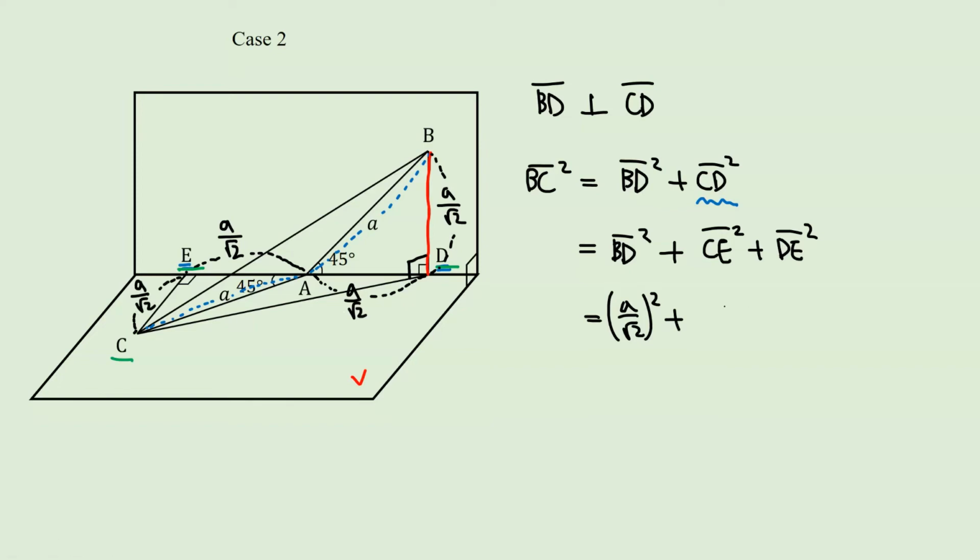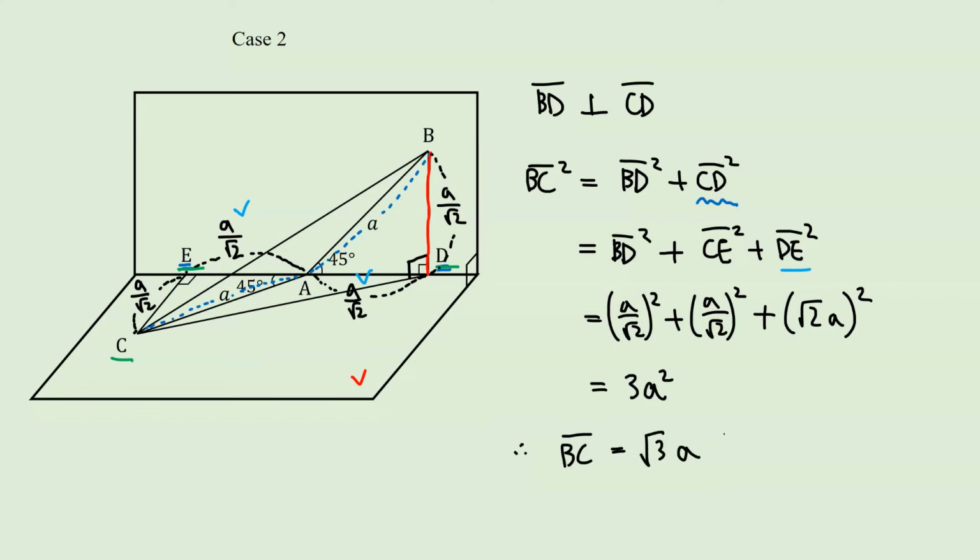And since we have a over square root of 2 here, we have (a over square root of 2) squared here. And length DE is simply a over square root of 2 plus a over square root of 2, which is simply square root of 2 a. So we have 3a squared here. So we have length BC of square root of 3 a. So this length right here is square root of 3 a.